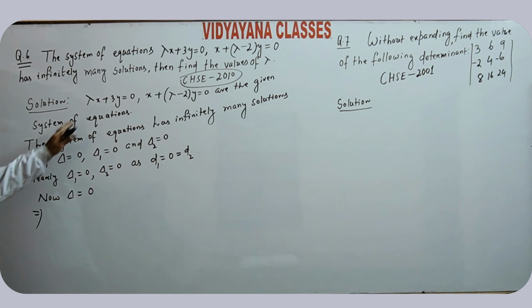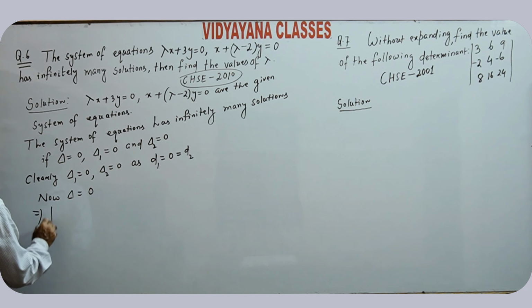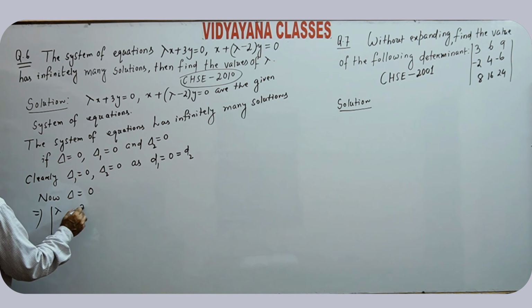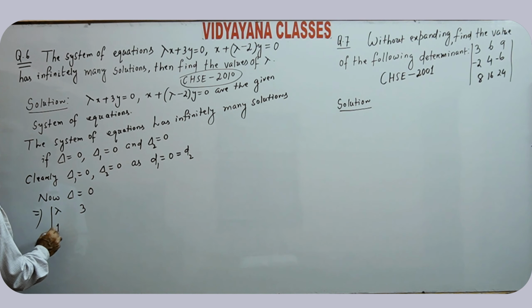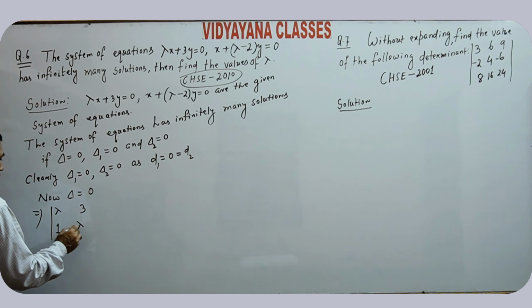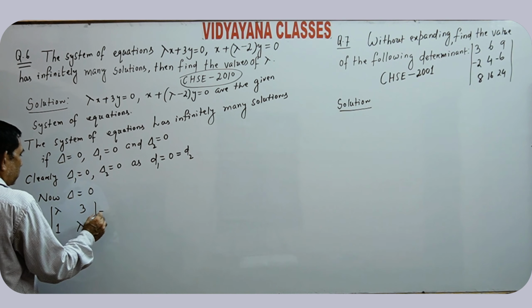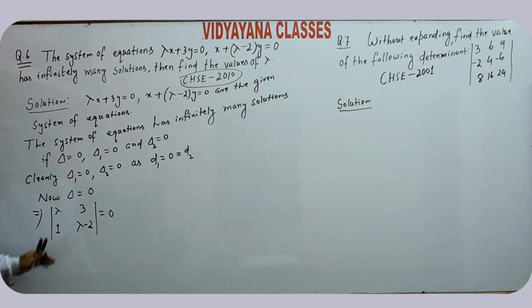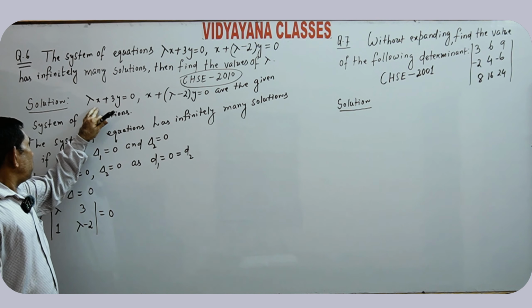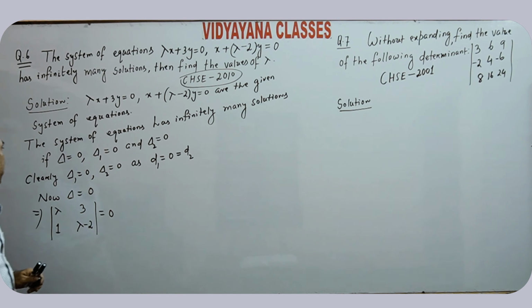Del means coefficients of x and y. It gives lambda 3, 1, lambda minus 2 is equal to 0. Determinant of coefficients of x and y.